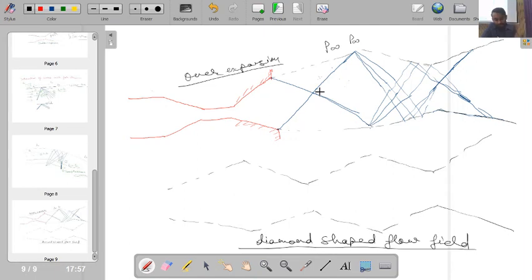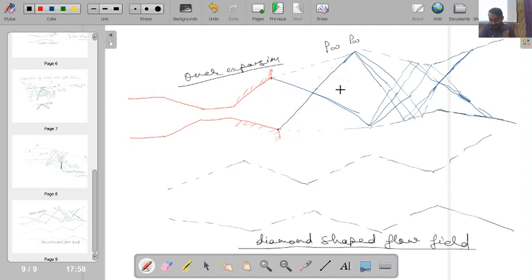You can refer to the diamond shaped flow field for over expansion of a nozzle. You can search on Google and you will find nice experimental images. You can even try to find some research papers, and there you will find that this type of series of diamond shaped flow structures has been captured by people using experiments. Okay, is this point clear?